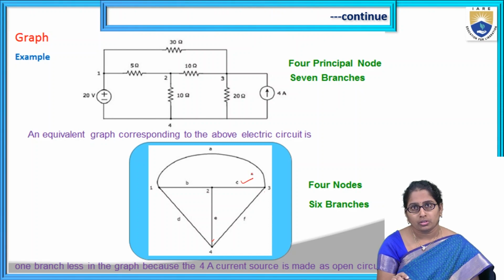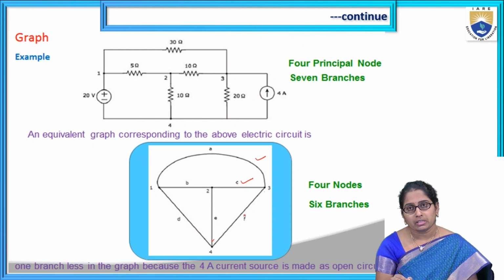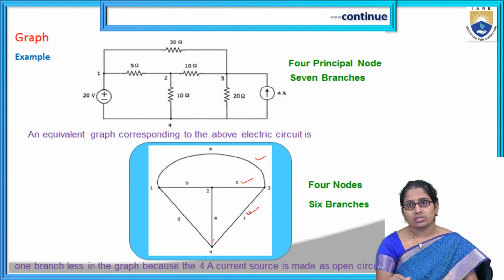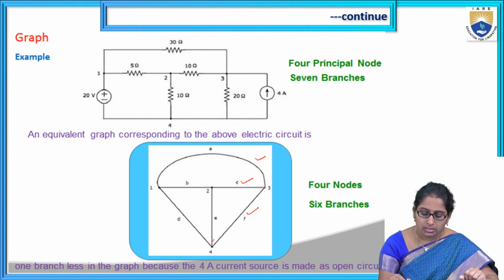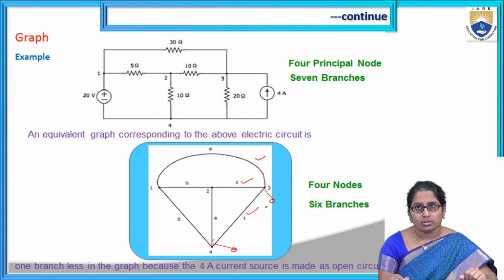Then node 3 to node 1 is also shown, and between node 3 and node 4 there are two elements. One is a 20 ohm resistor, which is replaced with a short circuit, and the other is a current source, which is replaced with an open circuit. That's why it is not there in the graph.